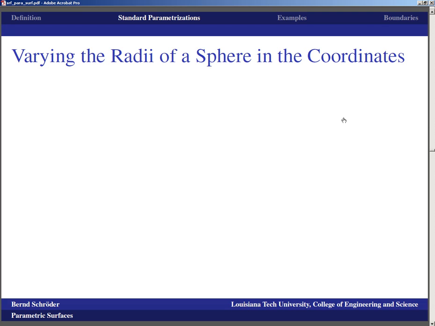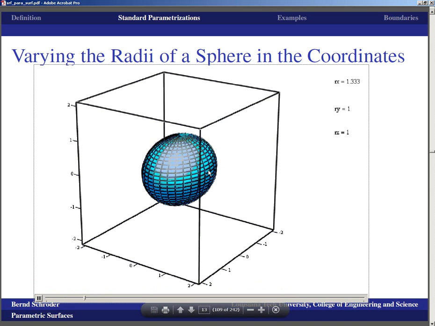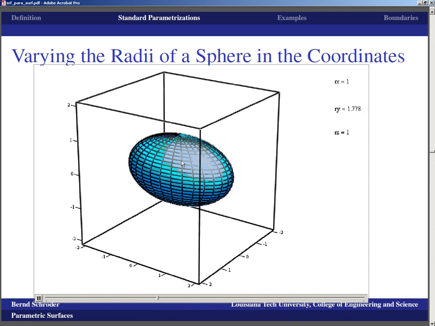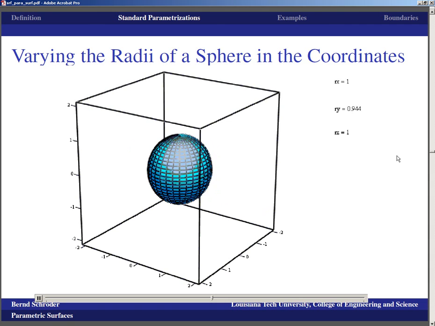What can we do with a sphere? Let's play with a sphere a little bit. Okay, so a sphere has three coordinates: an x-coordinate, a y-coordinate, and a z-coordinate. If I now go ahead and vary the radius in each of these directions, and we could do that, well, then I could squeeze the sphere or stretch the sphere in the x direction, in the y direction, or in the z direction.